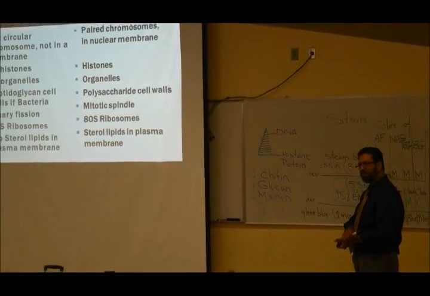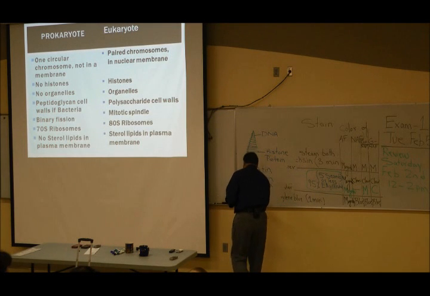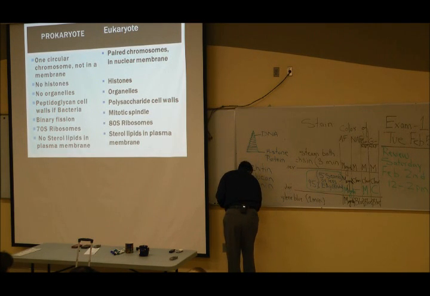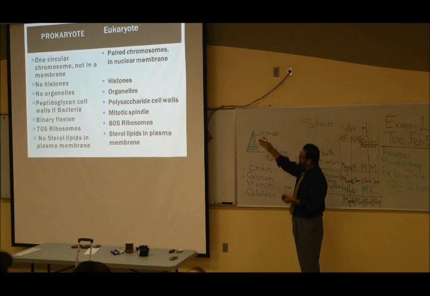Plants have a cell wall, right? Plant cell wall is made up of what? Cellulose. But these are all simpler materials as compared to peptidoglycan.